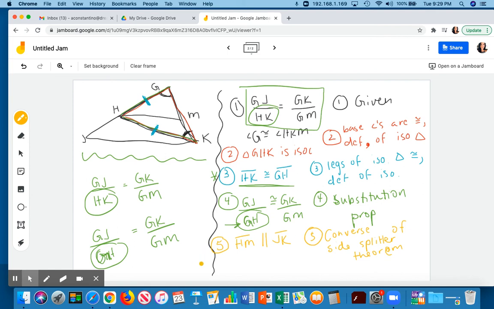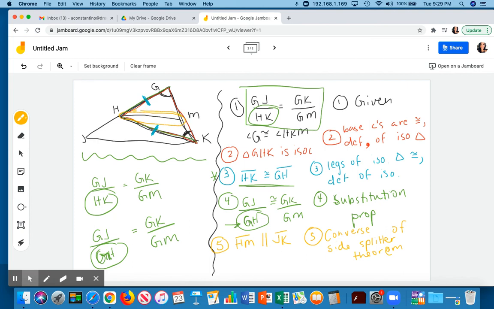So basically what the side splitter theorem says, and you can Google this too, is that a line parallel to a side of a triangle divides the other sides proportionally. Yikes. Okay, so basically we're talking about HM here.